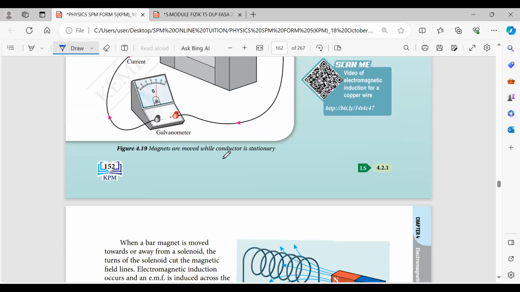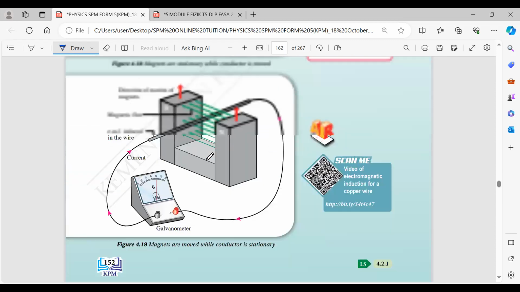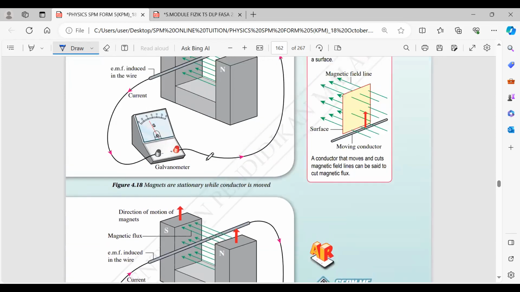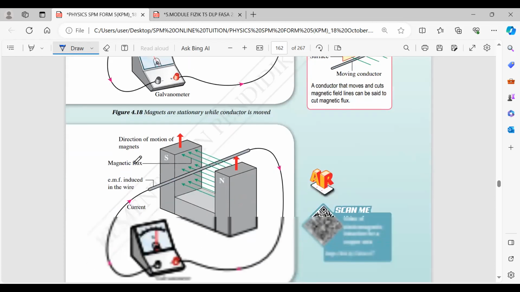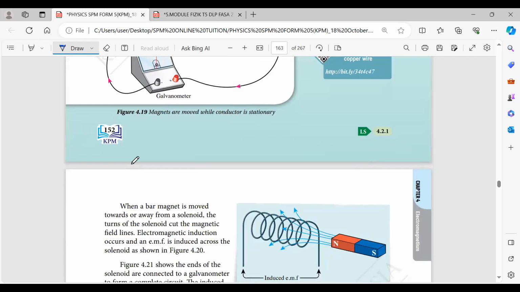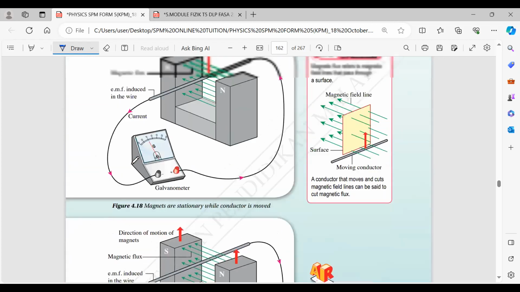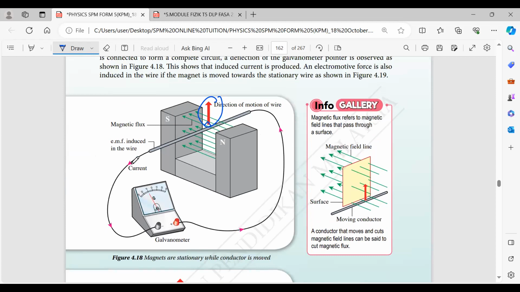The bottom one is where the magnet is moved while the conductor is stationary. Either way is not a problem, provided that both are not stationary. If any one is moving, meaning there is a relative movement between them, magnetic field lines will be cut, so current will be induced. This is similar to what we discussed last class.